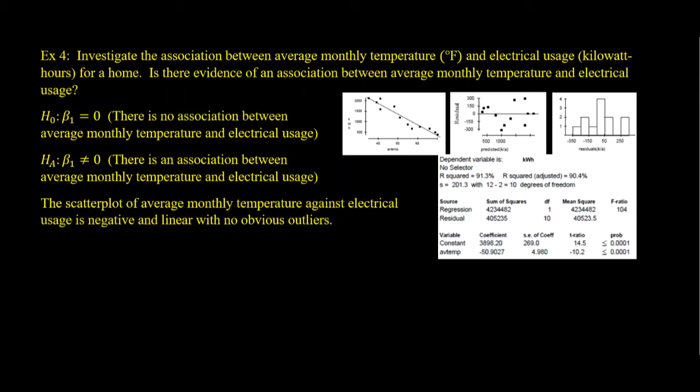The residual plot shows no obvious patterns or trends and has fairly consistent spread.